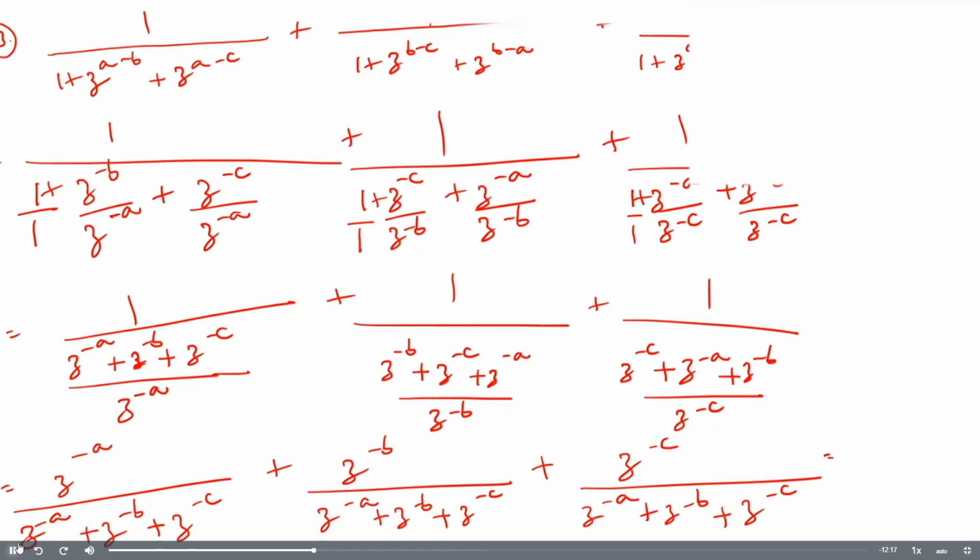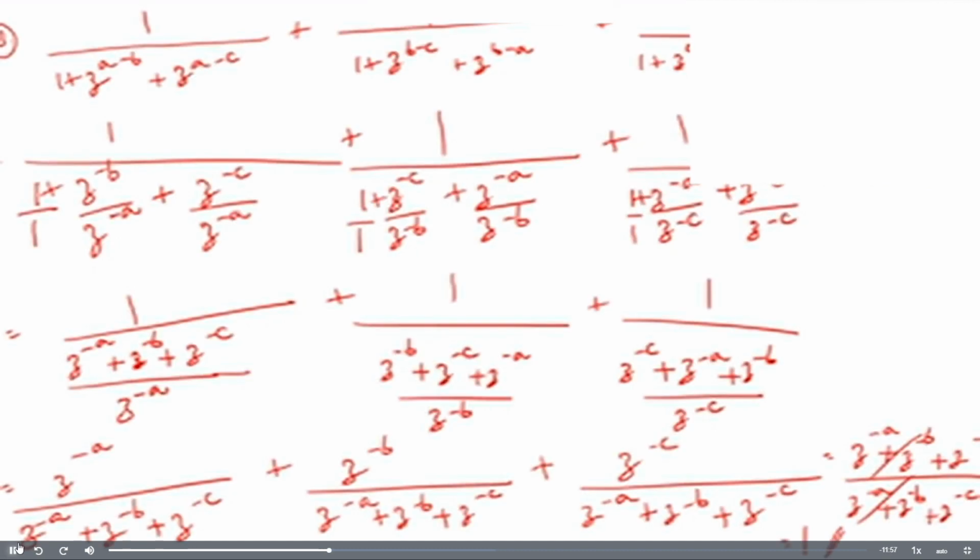This you can write as z to the power minus a plus z to the power minus b plus z to the power minus c whole divided by z to the power minus a plus z to the power minus b plus z to the power minus c. This is equal to 1. Next question.